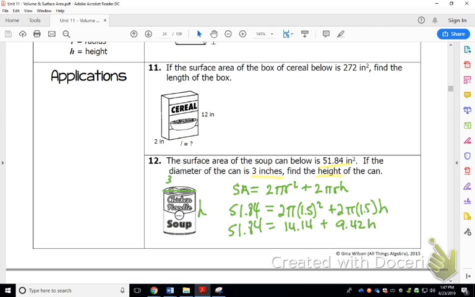All right, so when we clean those up, find those actual values, we get 14.14 plus 9.42H. Then at this point, this is nothing more than a linear problem, and you would solve it like you would solve for X. So what's the first thing you're going to do? Subtract. You subtract that, and I think, let's see, around 37.7.